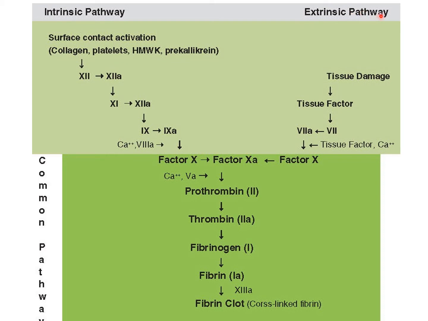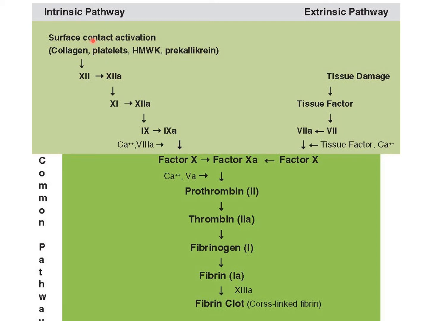The extrinsic pathway, which is short-lived, is initiated earlier and is related to external injuries to the blood vessels. The extrinsic pathway following tissue damage leads to release of tissue factor which activates factor 7, and then ultimately it leads to activation of factor 10.